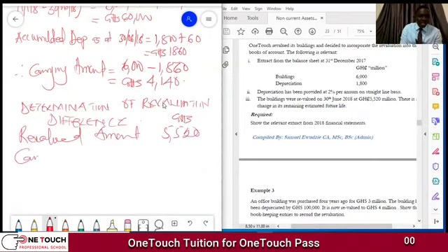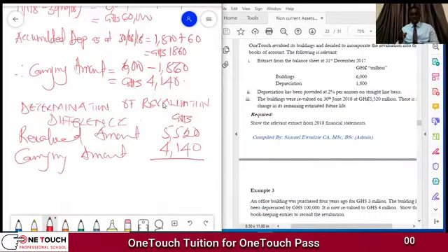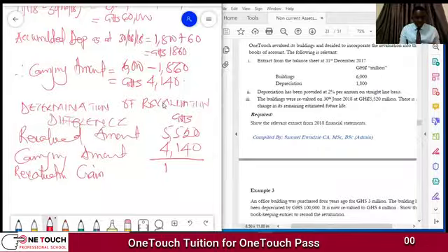We compare this with the carrying amount, which is 4140. So there is a gain of 5520 minus 4140, so there is a revaluation gain of 1,380.